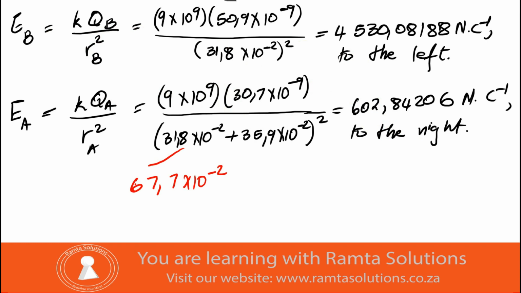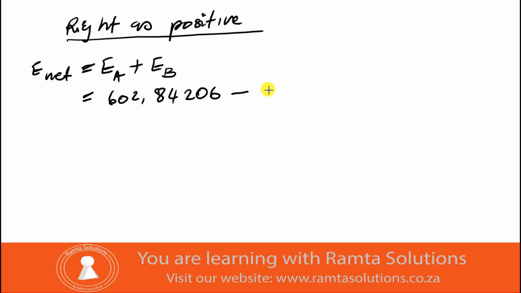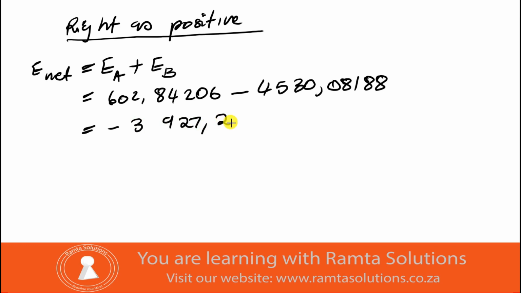So it's minus 4,530.08188. Now let's get it. 602.84206 minus 4,530.08188. What is our answer? Our answer is negative 3,927.24.